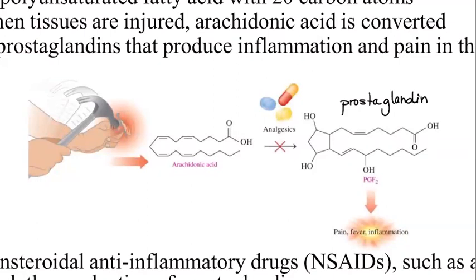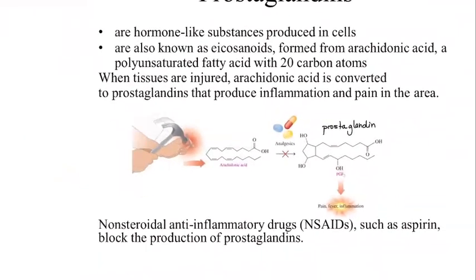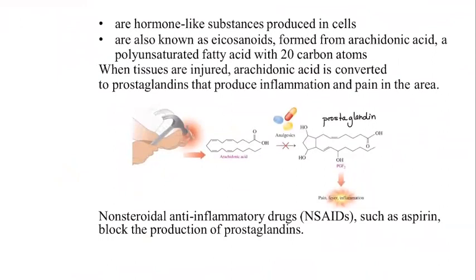So whenever you have pain, fever, inflammation as the response of the body, one of the things that you could do, as long as you're not allergic to it, is to consume non-steroidal anti-inflammatory drugs like aspirin. And what is the role of that non-steroidal anti-inflammatory drug? To block the production of prostaglandin.